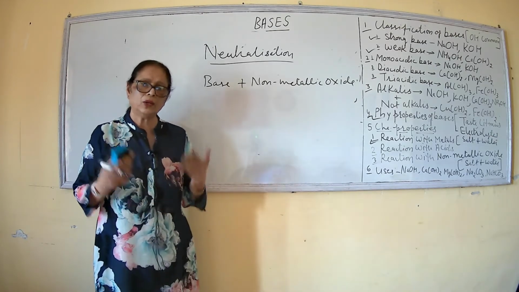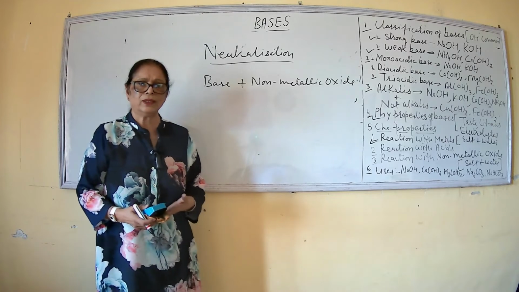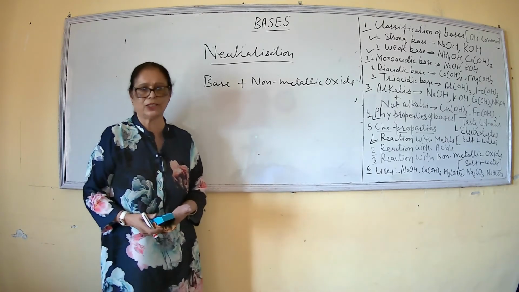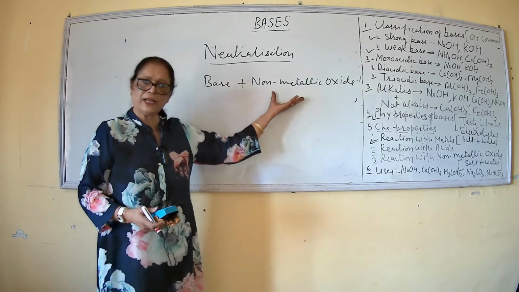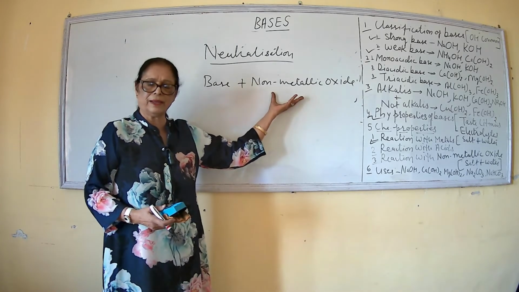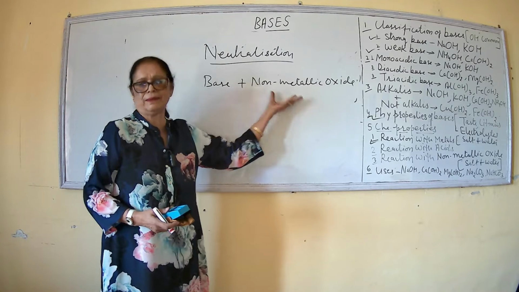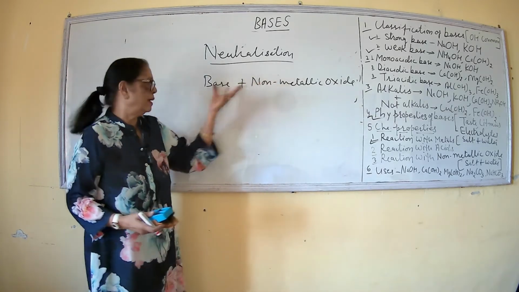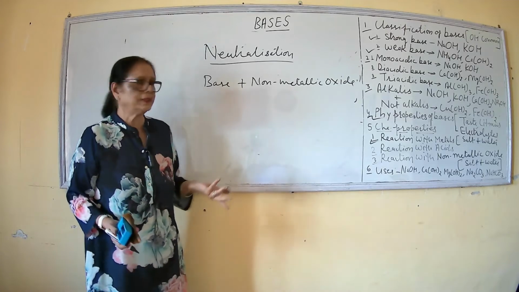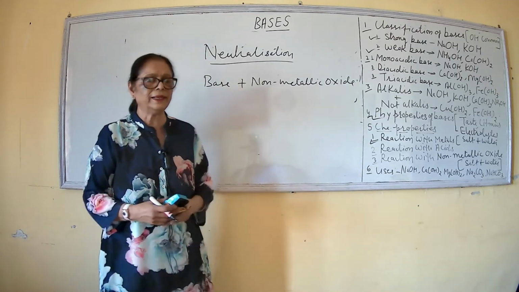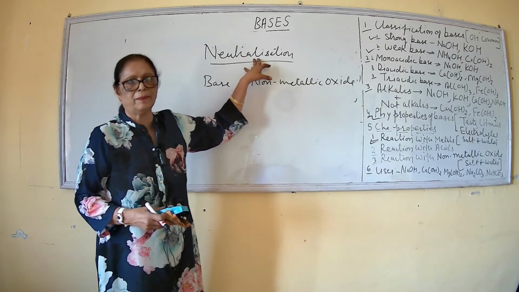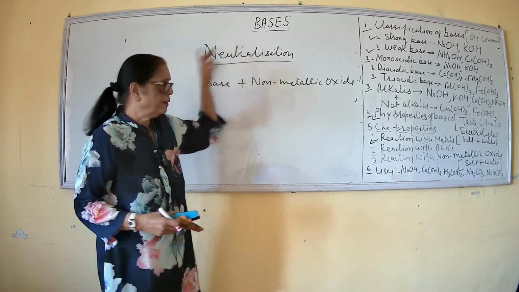These are non-metallic oxides, and normally they are acidic in nature. So we are taking an acidic oxide, and bases are basic in nature, acidic oxide is acidic in nature. So again a sort of neutralization reaction is taking place here also, right?